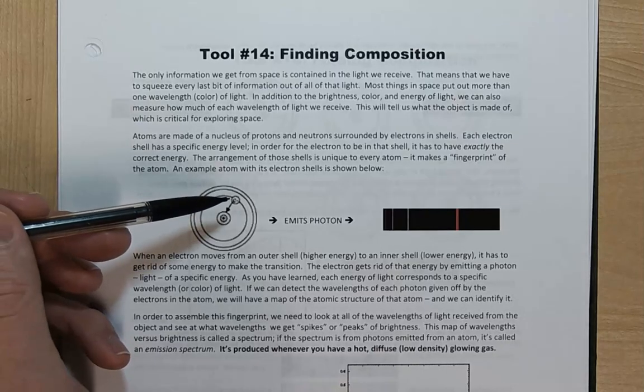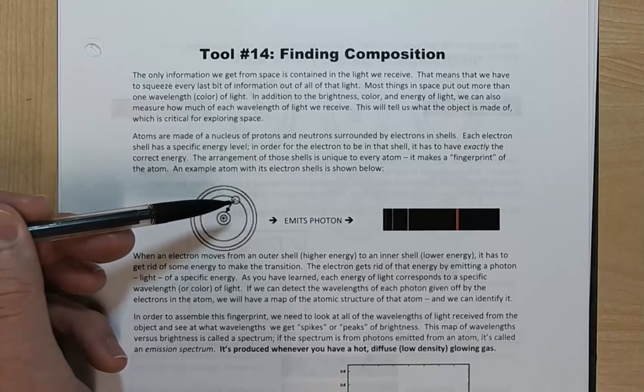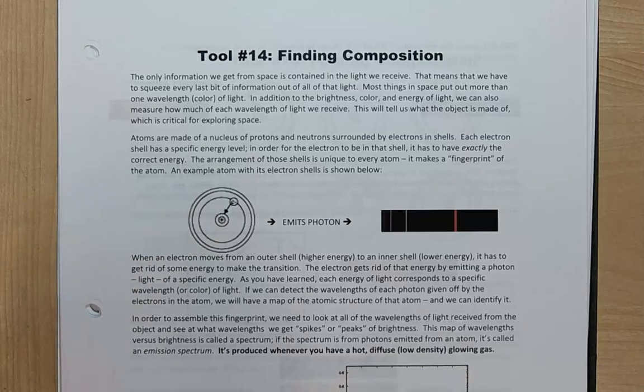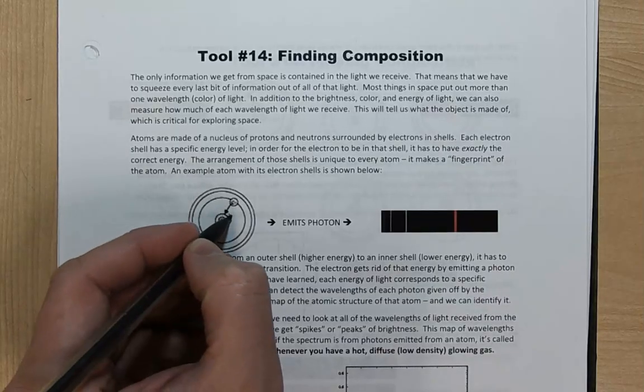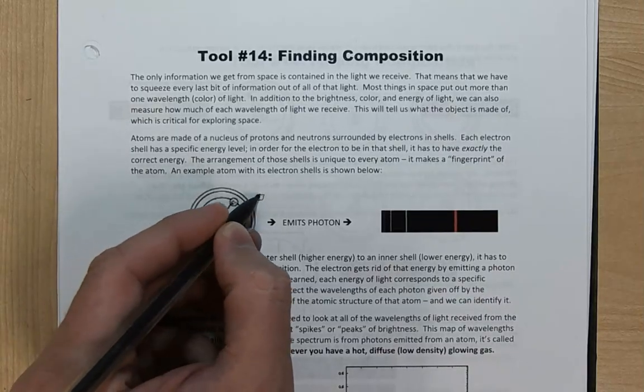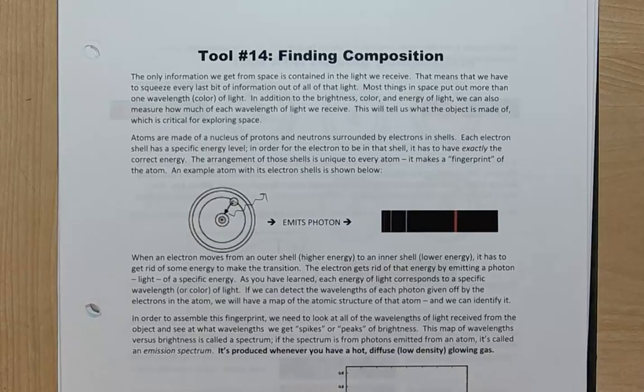Then eventually that electron will de-excite, settling back down into a lower energy level, and the electron will lose energy by emitting a photon. So the electron drops down, and it does so by giving off light. Your hot cloud of gas will shine with those emission lines, and the colors that can be emitted depend on what element the atom is made of.